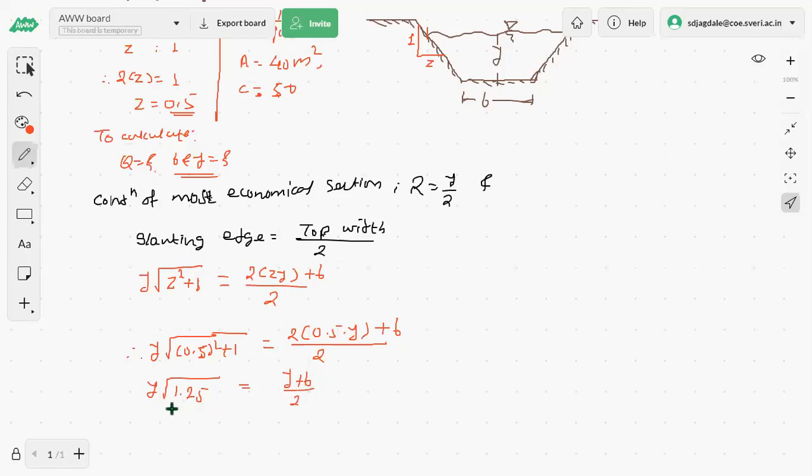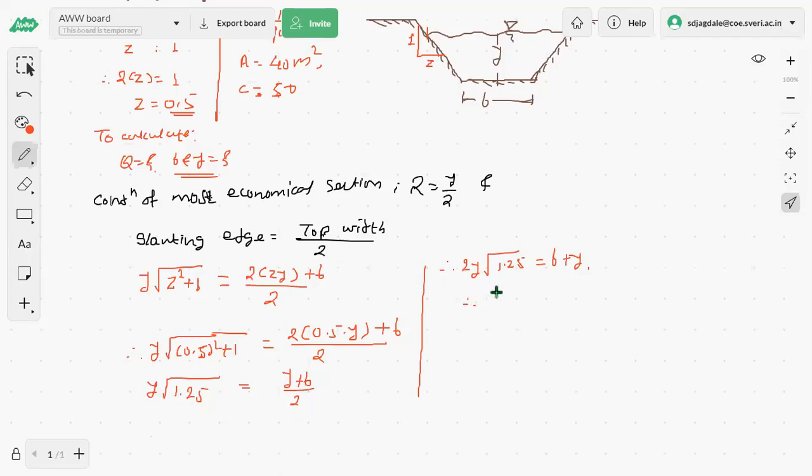Okay. So now just multiply it by root 1.25 into Y and take this 2 to this side. Therefore, I would like to write towards the right hand side, 2Y into root of 1.25 is equal to B plus Y, or Y plus B, whatever it may be.